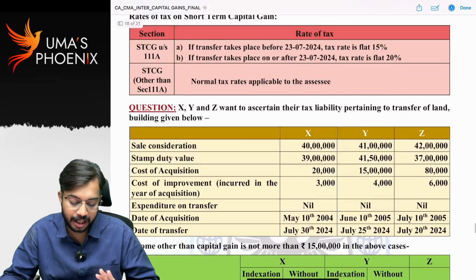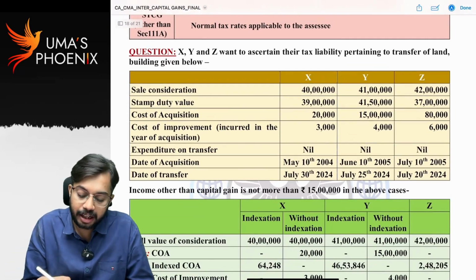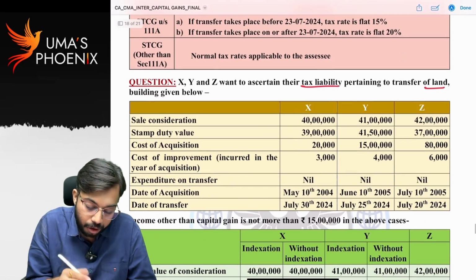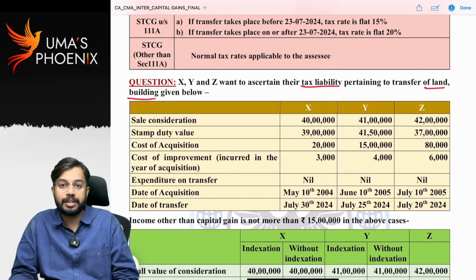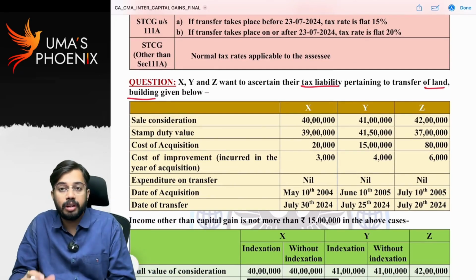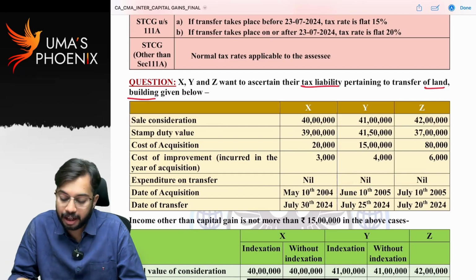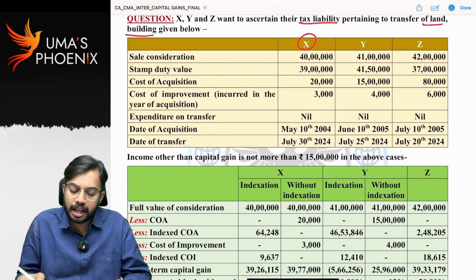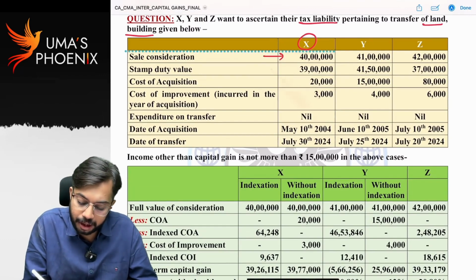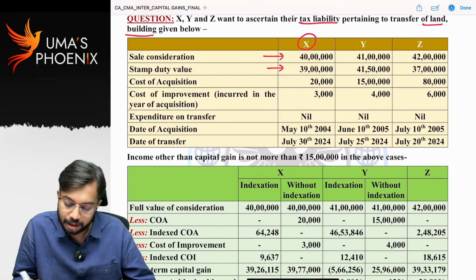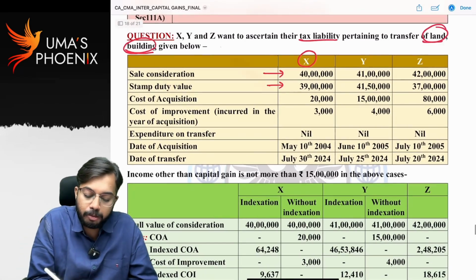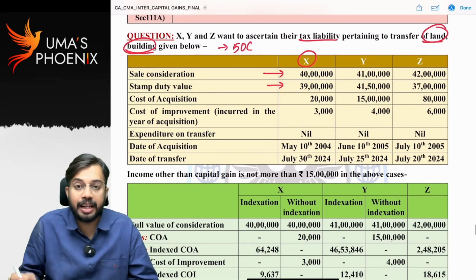Okay, shall we see the example? XYZ want to ascertain their tax liability pertaining to transfer of land, building given below. Whenever land or building is transferred, they can get covered under exception, right? Let us see. In case of Mr. X, sale consideration 40 lakhs, stamp duty value 39 lakhs. Whenever land or building is transferred, they are immovable property, right? So section 50C gets attracted.